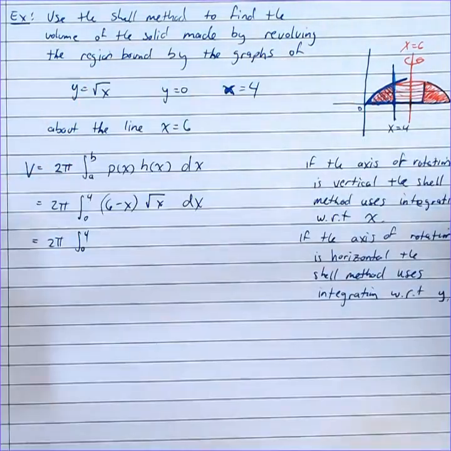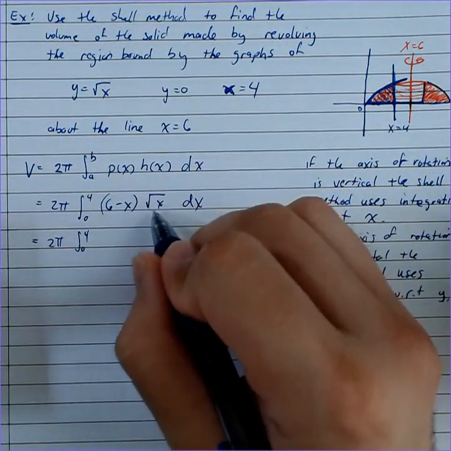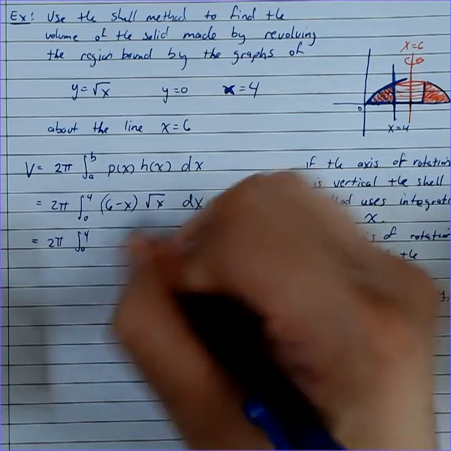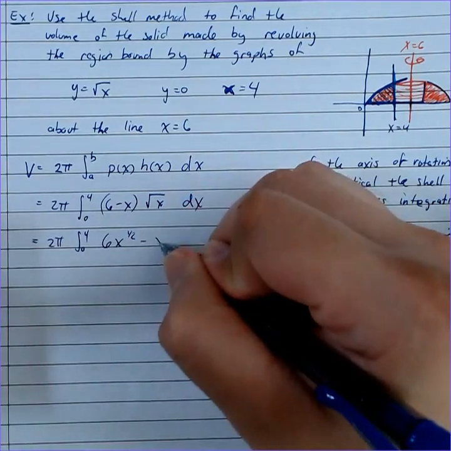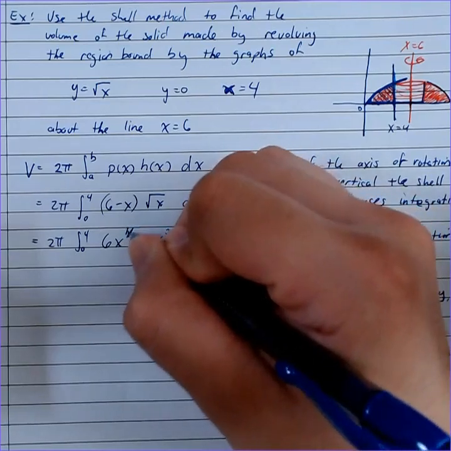This is 2 pi times the integral from 0 to 4 of, let me write this as 6 to the 1/2 power, because that's usually easier to work with since I can use the power rule. Let me distribute: 6x to the 1/2 minus x to the 3/2, all integrated with respect to x.